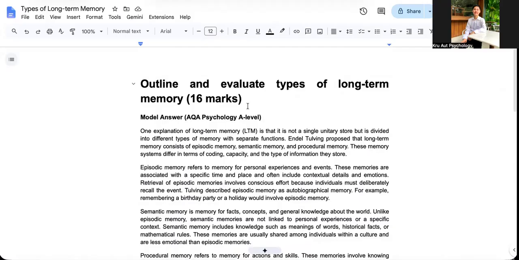For example, if you say the study is unethical, we can't link it back to say that types of long-term memory is unethical, right? So choosing the right methodological issues, like generalizability or ecological validity, could be better explained in terms of linking back to the topic, types of long-term memory.